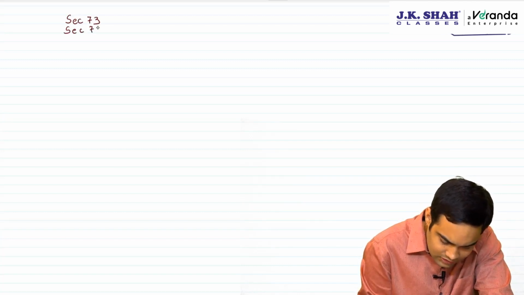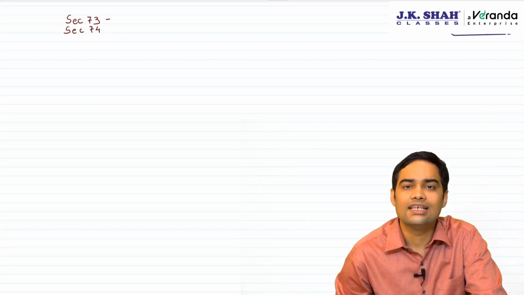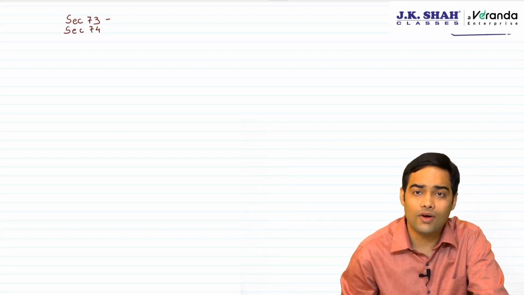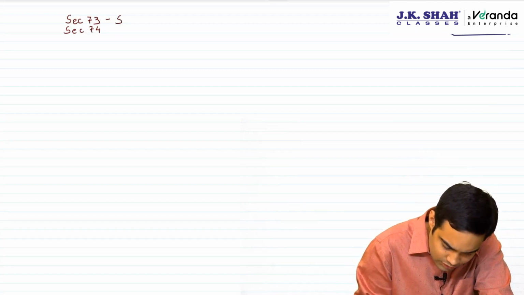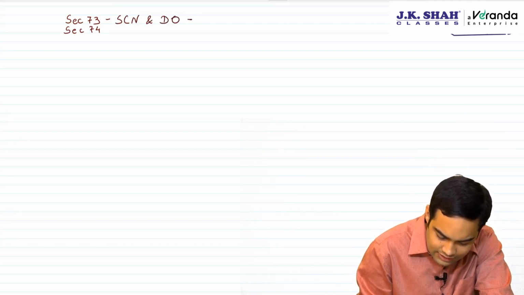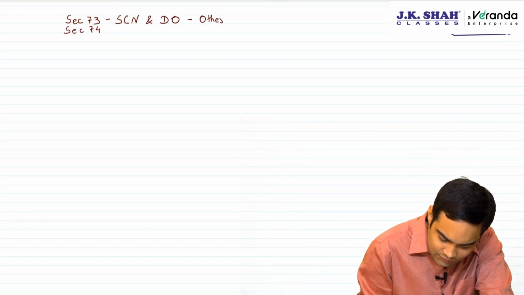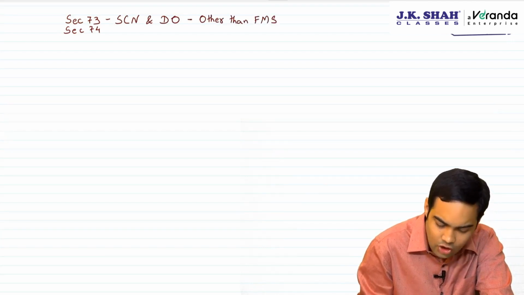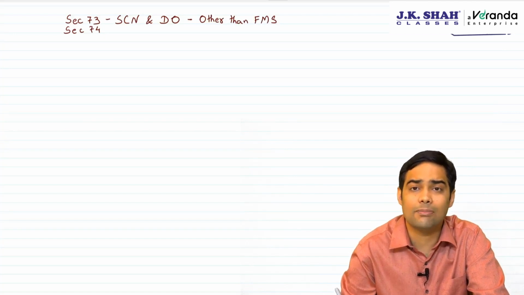Now what do these two sections represent? Section 73 provides for issuing a notice, that is show cause notice, and a demand order under section 73, which is for other than FMS. FMS: fraud, willful misstatement, suppression of facts.